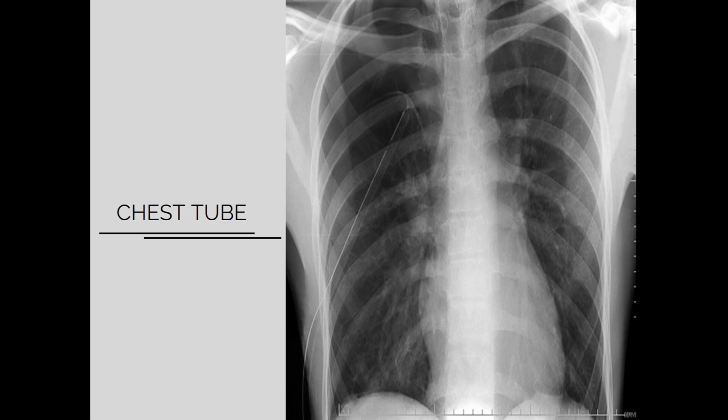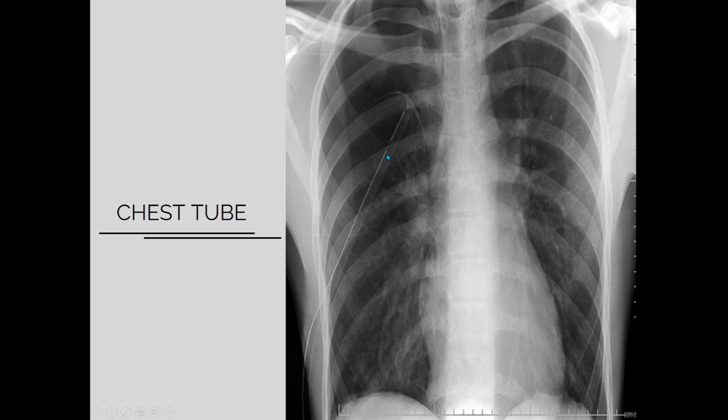And how is the chest tube visible on the X-ray? You can notice here that there is a tube on the right side. Remember that with all such tubes there are radio opaque markers. You can notice here a darker, radio dense line, because if there is no radio opaque line, it will be a little bit difficult to trace the tubes.